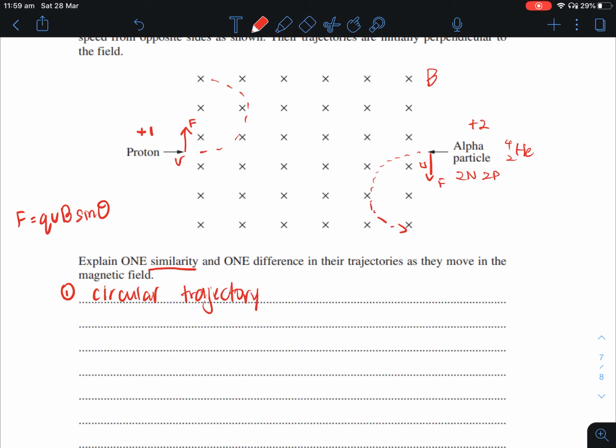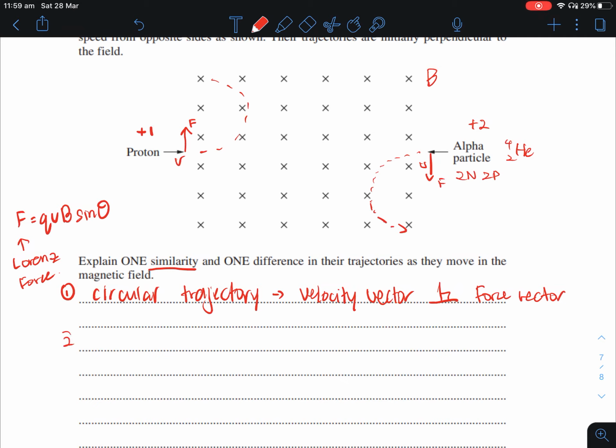And you can explain this because the velocity vector is always perpendicular to the force vector. And this is what we call the Lorentz force.